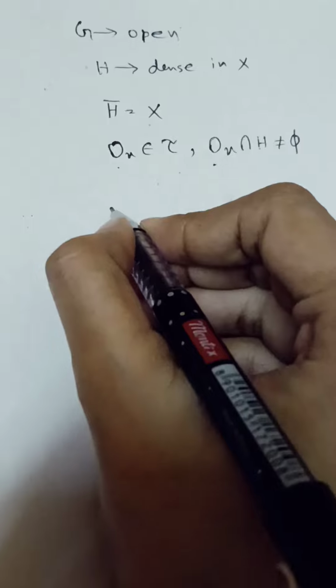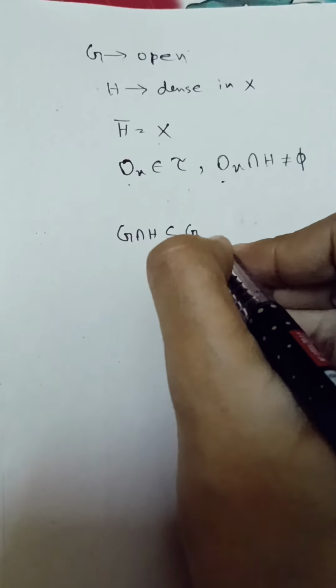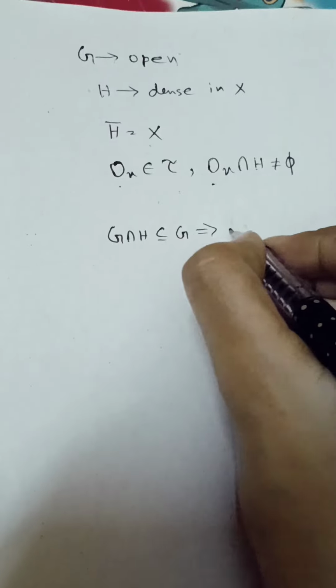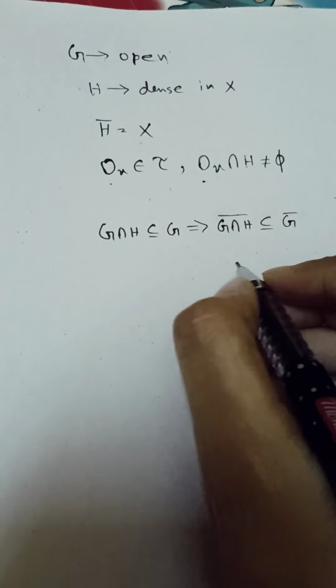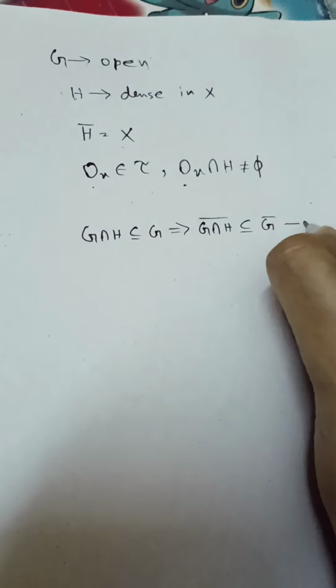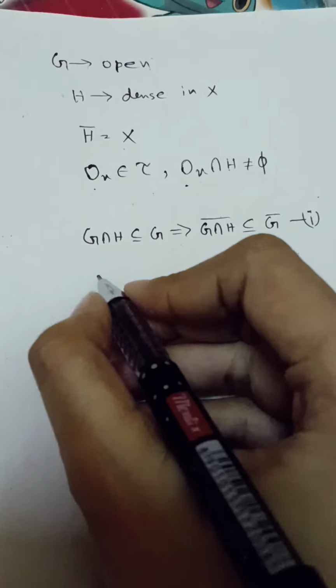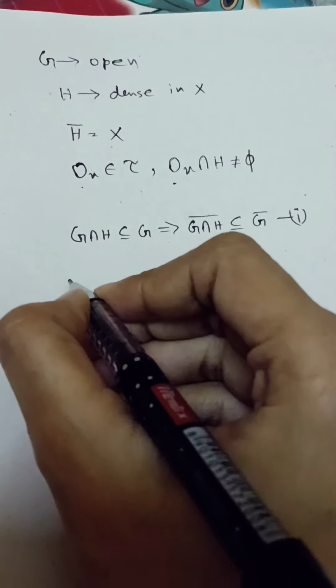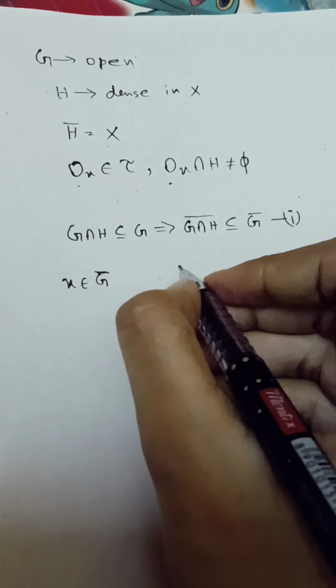Now G intersection H is a subset of G. So the closure of G intersection H is a subset of G bar, right? So we name it as equation 1. Conversely, let x belong to G bar.